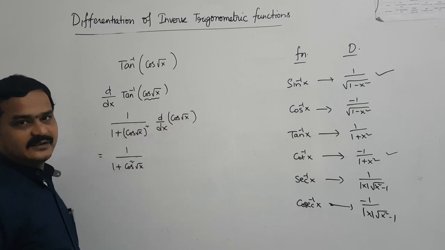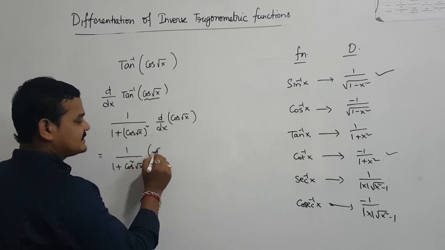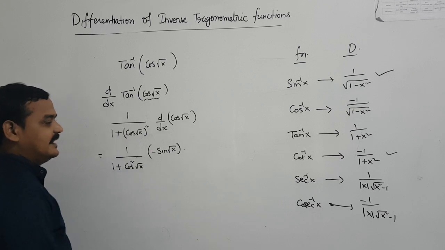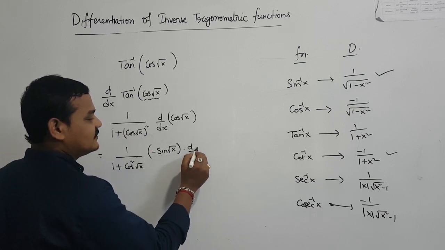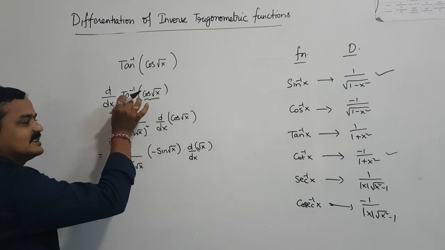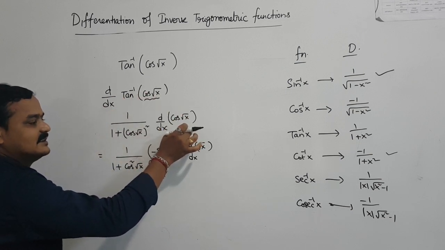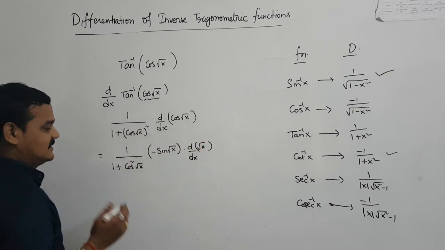Again the derivative of cos x is minus sin of root x, into the derivative of root x, because the third function is root x. For the first function tan inverse x I did the derivative, then the derivative of the second function, and then the derivative of the third function.